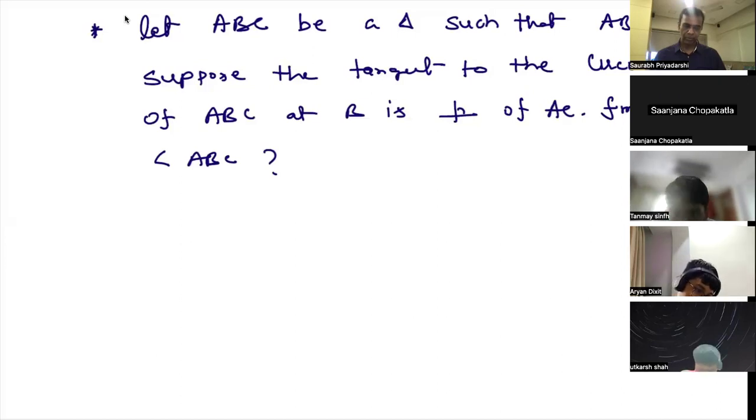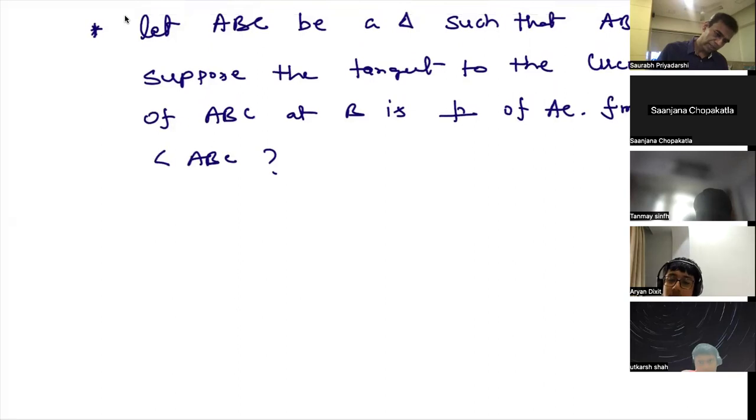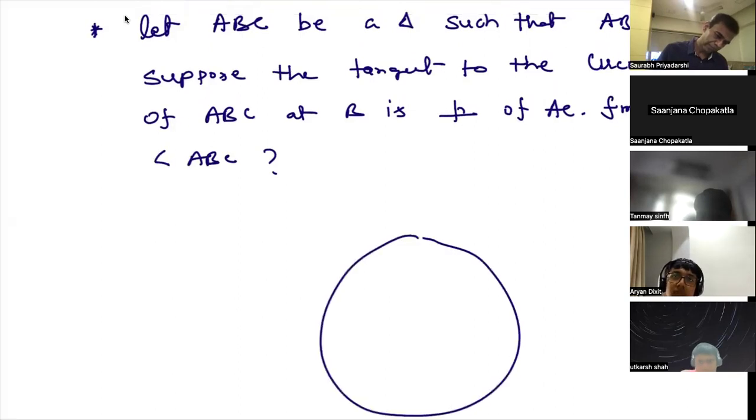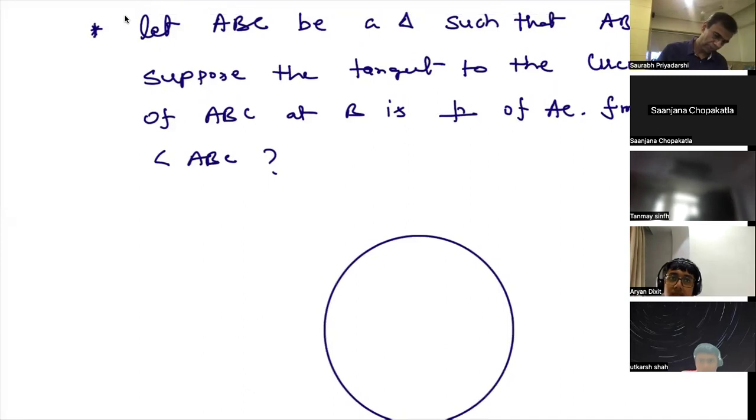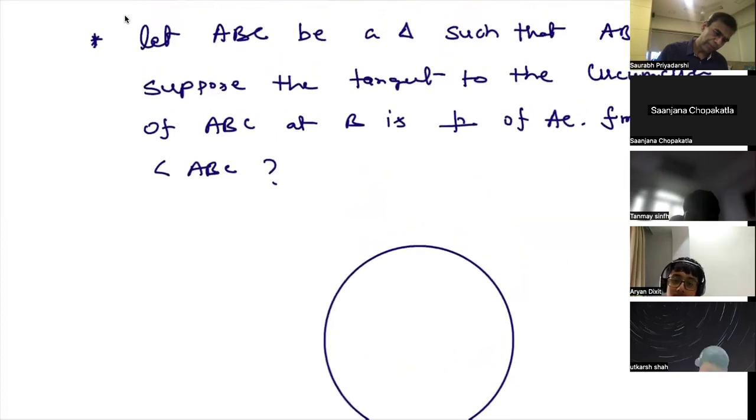Sir, there is a doubt in the chat. May I draw the diagram? Yes, sir. Because I'm not able to get how the tangent at B is perpendicular to AC here. ABC is... but this is the tangent at B, na.